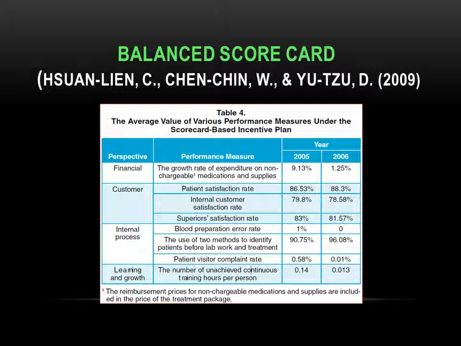Under perspective, as I said, there are four: financial, customer, internal process, and learning and growth. Under performance measure are the measurements from each perspective, with its corresponding score, which are expressed in percentages.